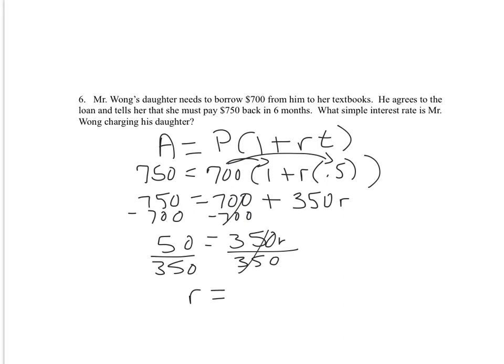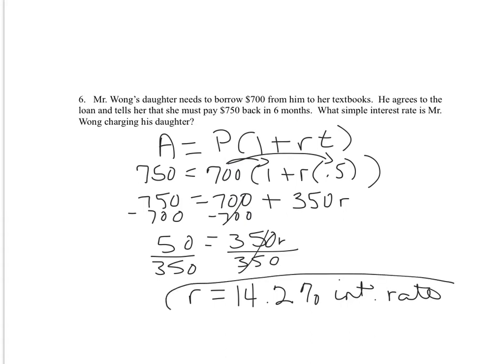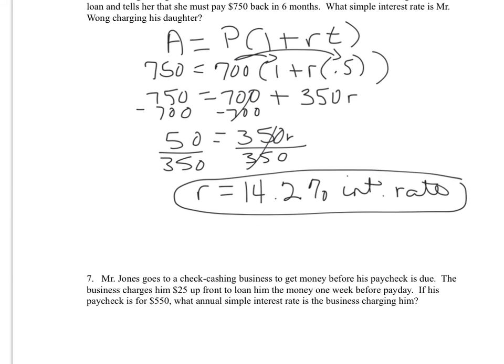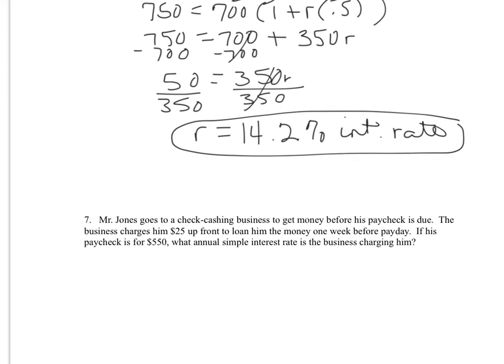If I round it to the nearest tenth, it's about 14.2% interest. And that's a simple interest rate. Okay, Mr. Wong is not being terribly kind to his daughter. That's a pretty high interest rate.